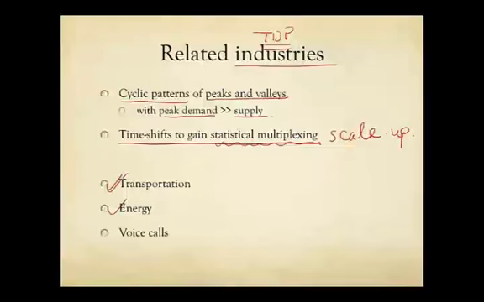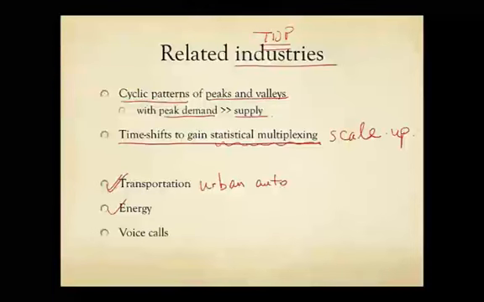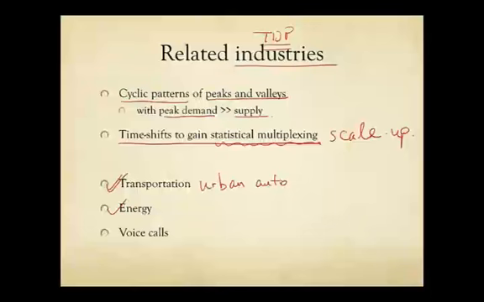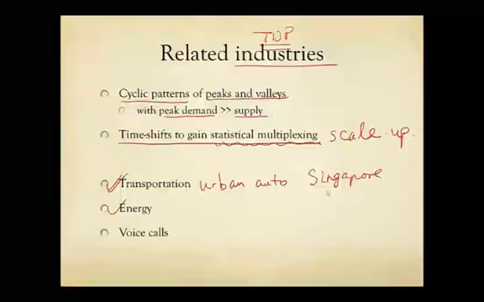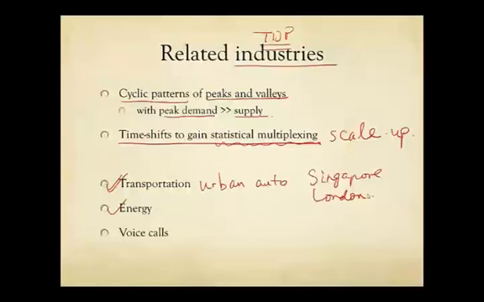For example, in the transportation industry, say the urban automobile industry, in places such as Singapore or London, central business areas, governments have installed some kind of congestion-dependent pricing.